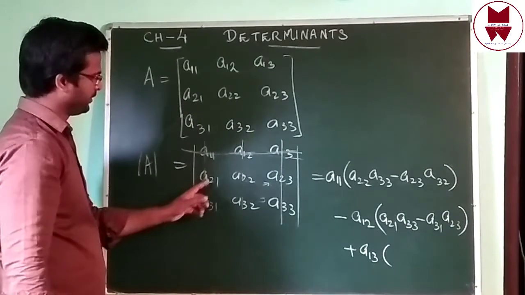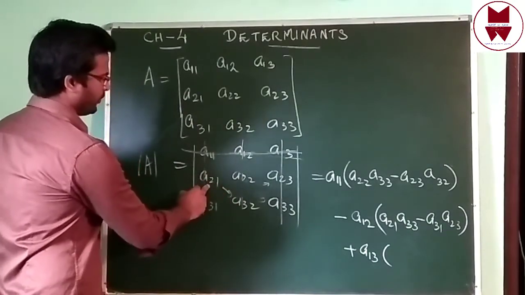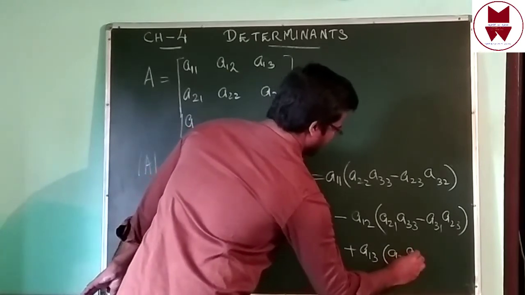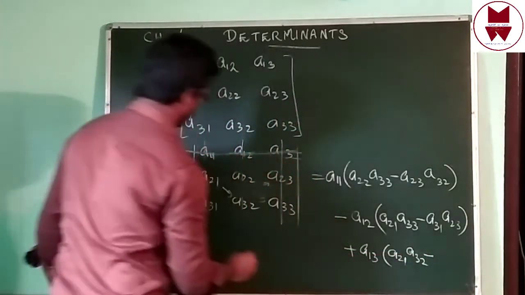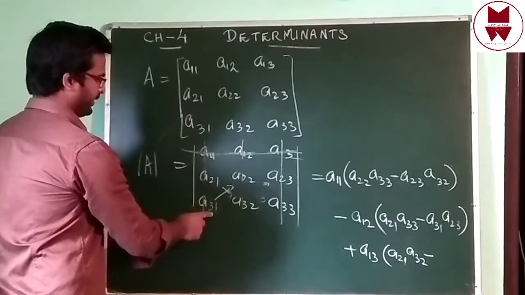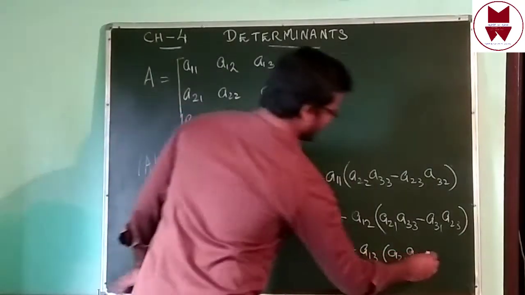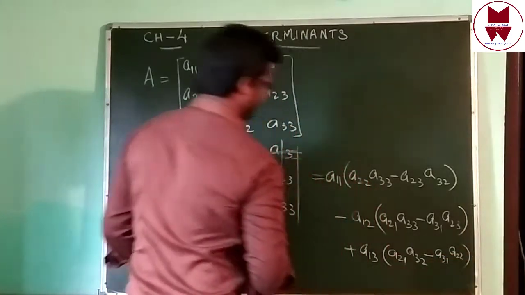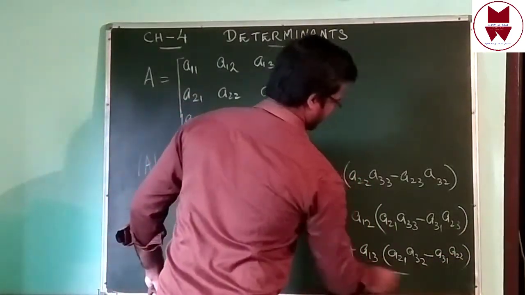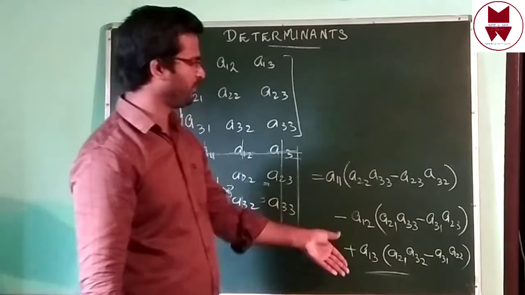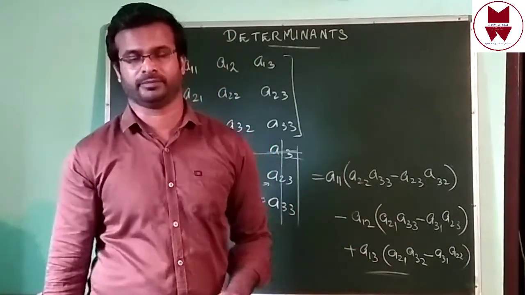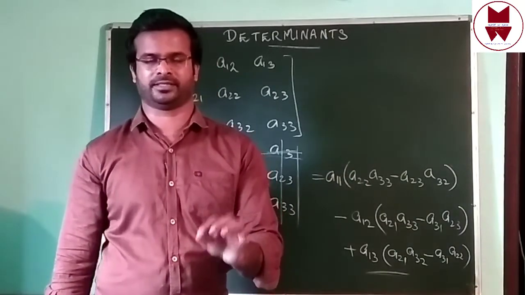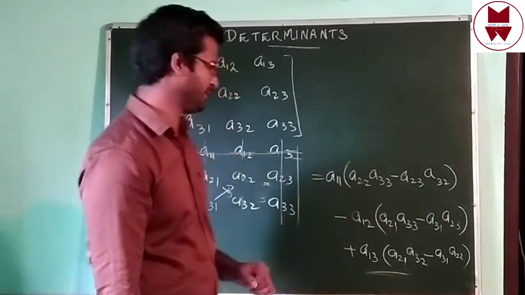Then the remaining: A21 into A32 minus A31 into A22. If you do all these parts, you will get one number, maybe a real number, otherwise a complex number. Any number, real or complex, we will get.